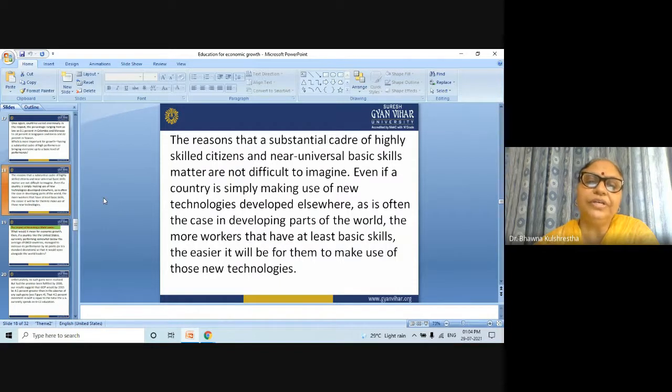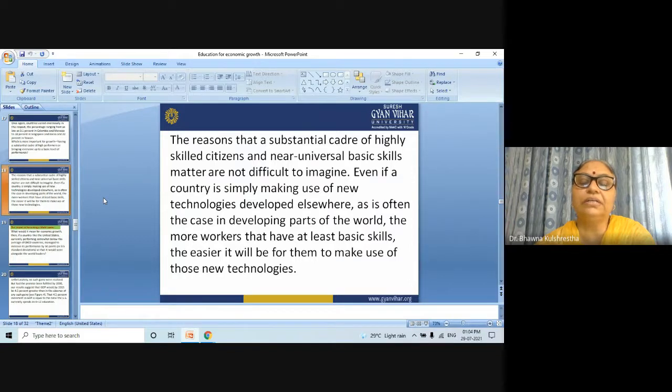Even if a country is simply making use of new technologies developed elsewhere, as is often the case in developing parts of the world, the more workers that have at least basic skills, the easier it will be for them to make use of those new technologies.